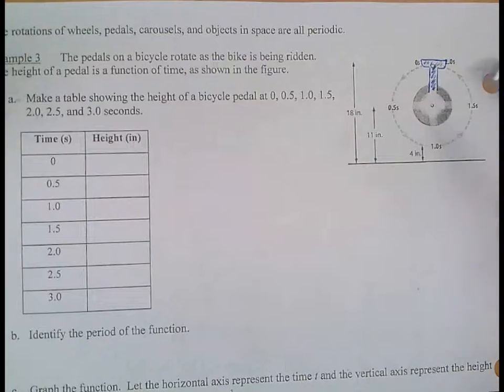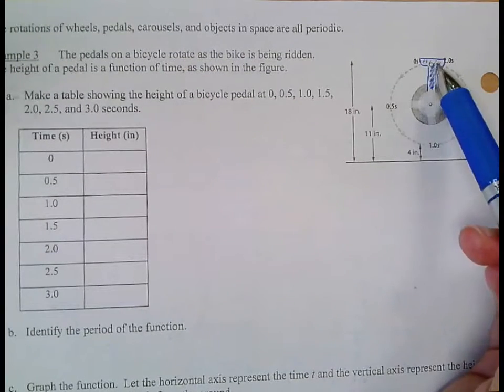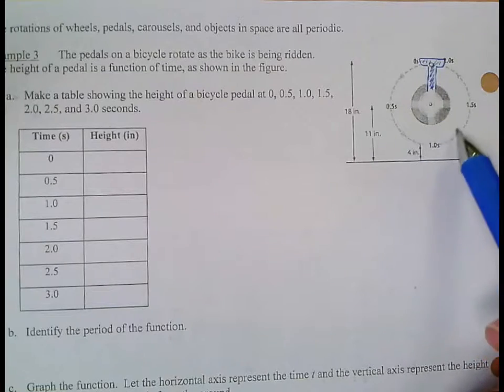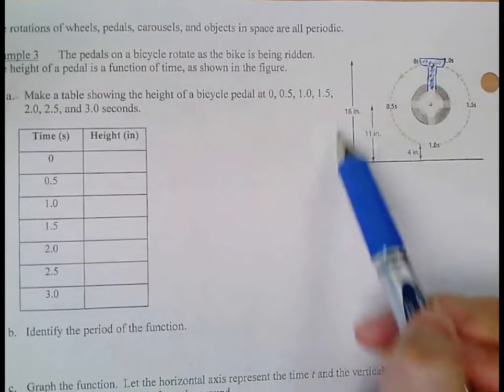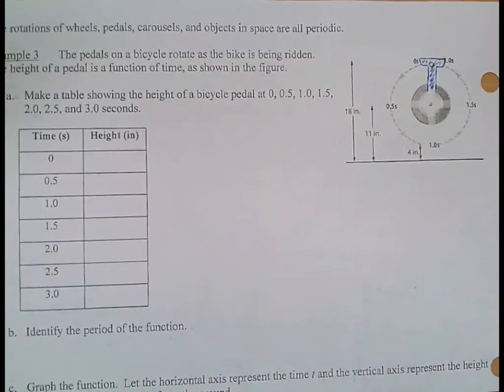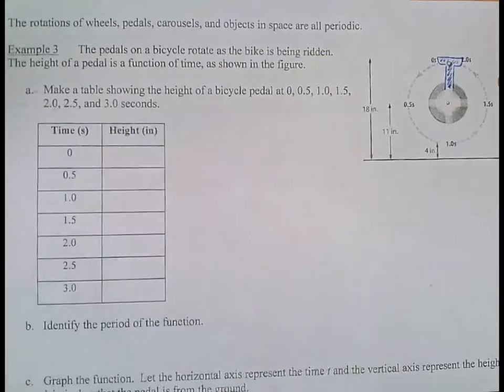And they're showing that as that pedal goes around while you're riding the bike, off to the side is the height of the pedal with respect to time. So in part A, it makes a table showing the height of a bicycle pedal from 0 through 3 seconds at half-second intervals.